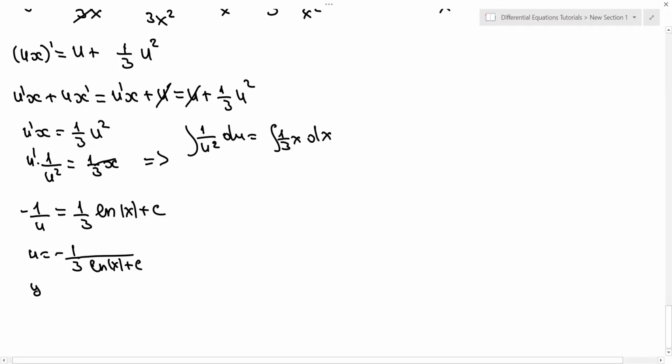So we have y over x is equal to minus 1 over 3 ln x plus c. Then somewhere here, mistake, minus x over 3 ln x plus c. It feels like somewhere I made a mistake.